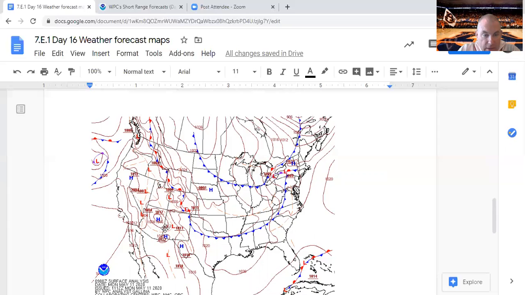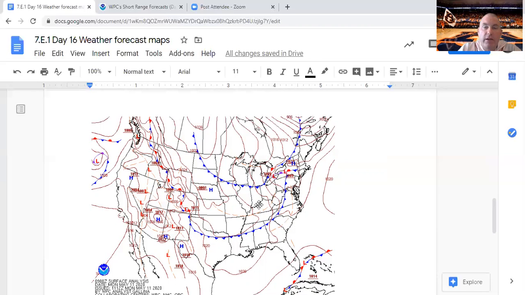See all the isobar lines circling this thing? 1,017 millibars of pressure right there in the middle. 1,016, 1,008, 1,012. And then very close to it is an area of low pressure, 1,004 millibars. So there's a lot of things going on here in that particular air mass. A lot of interesting things.